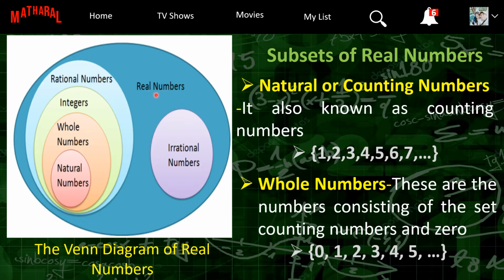And inside the big one circle real number, there is a rational number and irrational number. Inside rational number, there is integer, and inside integer there is whole number, and inside whole number there is natural numbers. So this is the relations of real numbers to its subsets as what we have here.